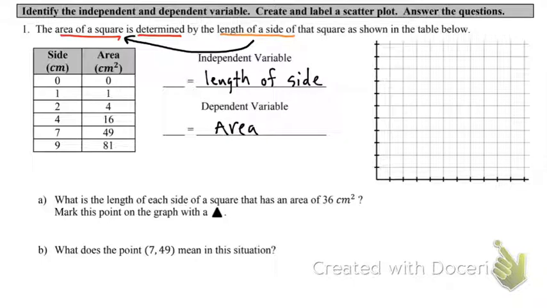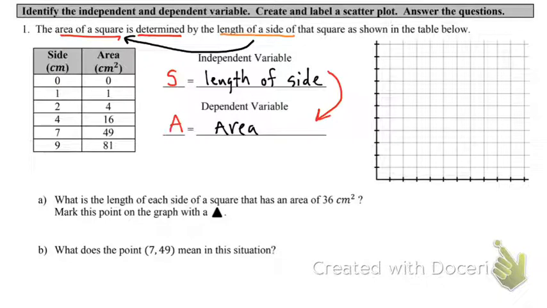So the length gives us the area. We'll put the side length, we'll use S for our variable, and for the area, we'll put capital A. Now let's look at the table we have here.